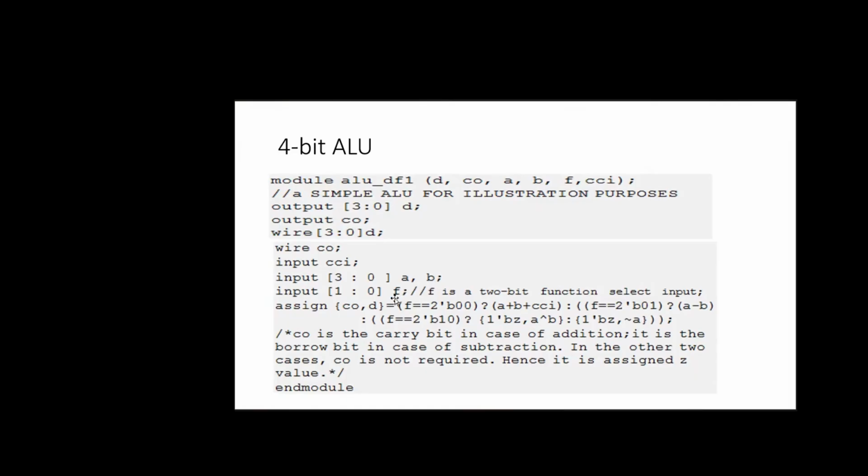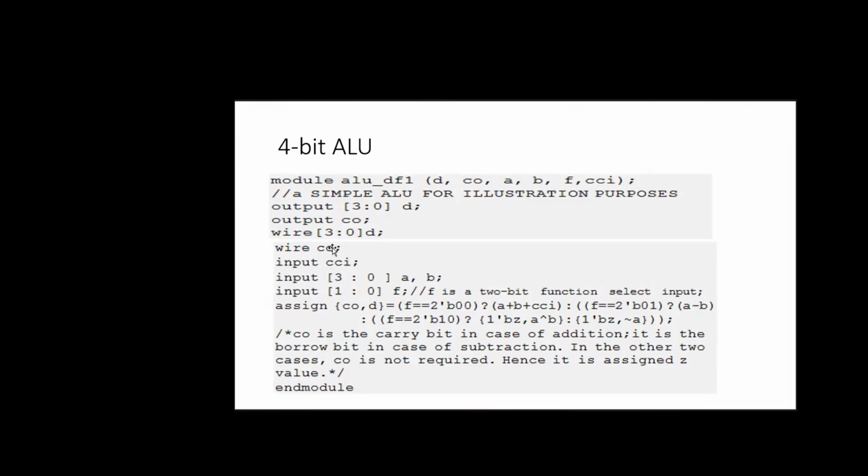F is the selector input. As we are performing four operations, two logical and two arithmetic, the number of selector inputs required is 2. So F is represented in the form of a vector as 1 down to 0.